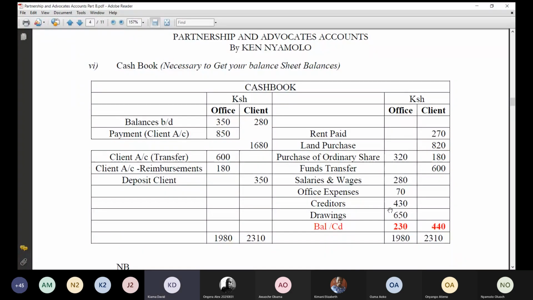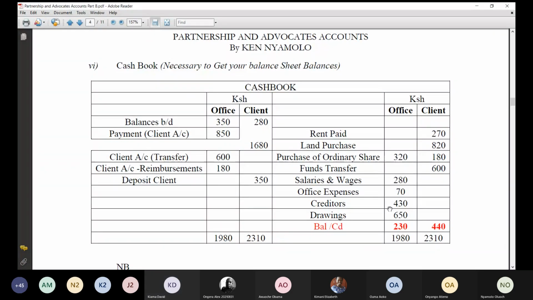Note 4, the client authorized the firm to transfer 600,000 shillings from the client's account to the office account. So in our cash book, the client is giving us money which is received by the office, and that is indicated as a contra.